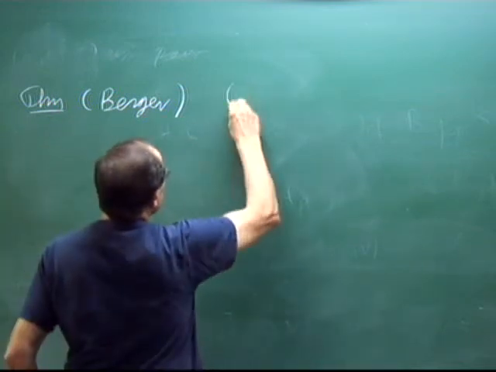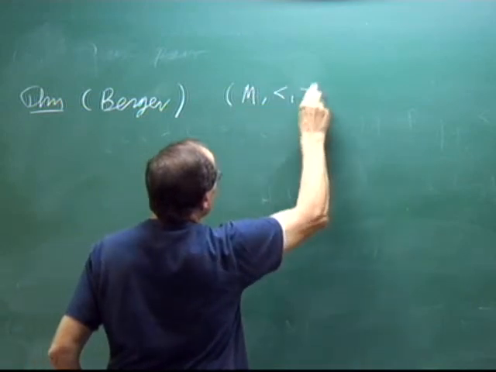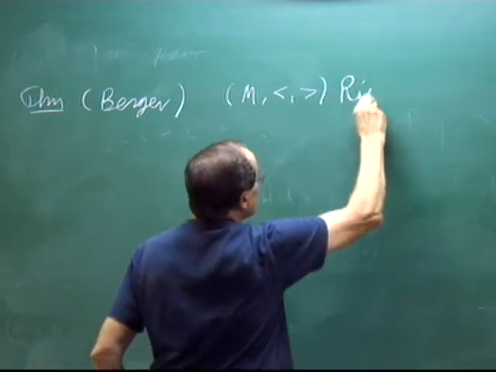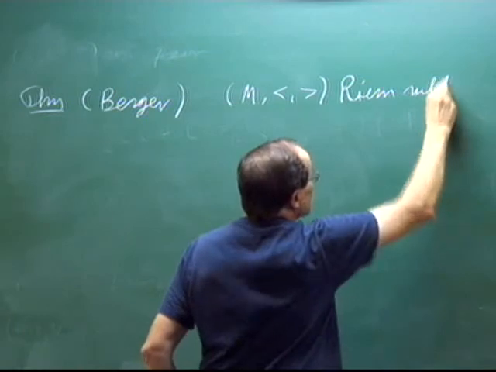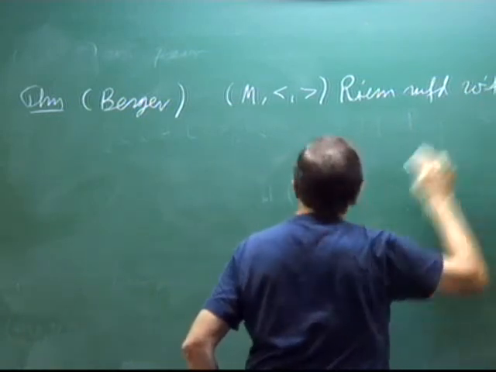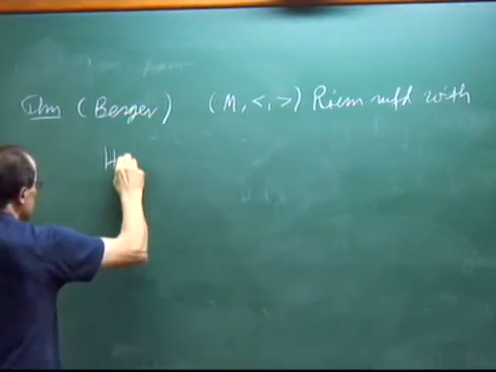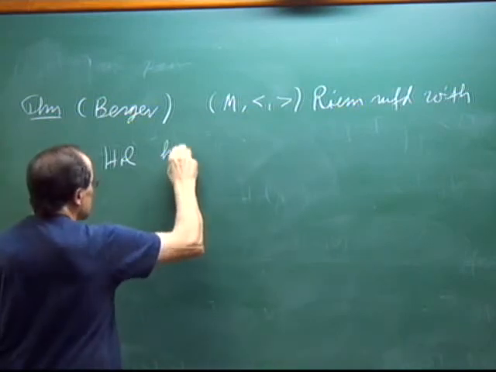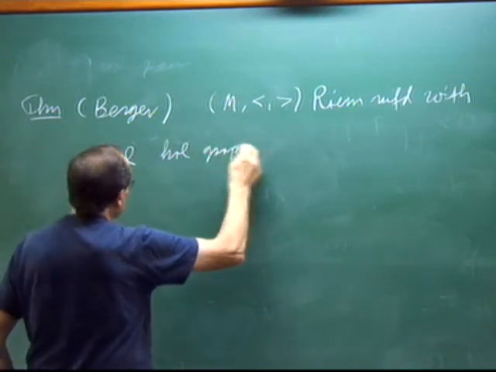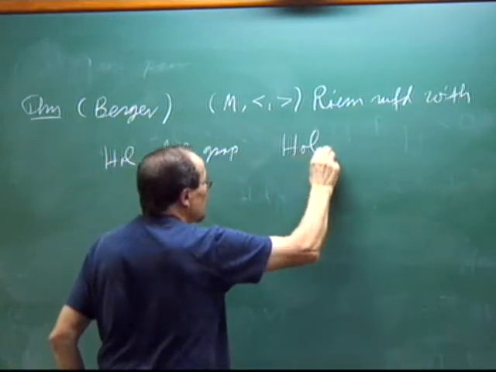So this is a Riemannian manifold with a holonomy group Hol, of course, with Hol zero the identity component.